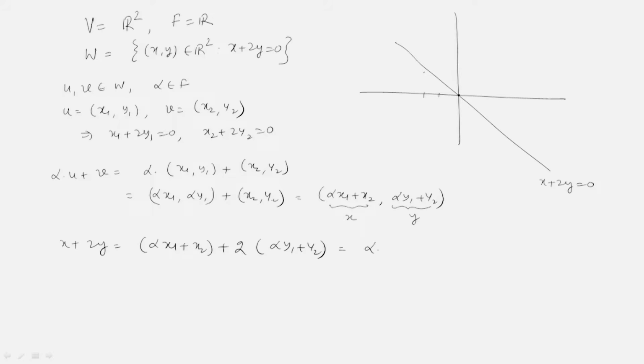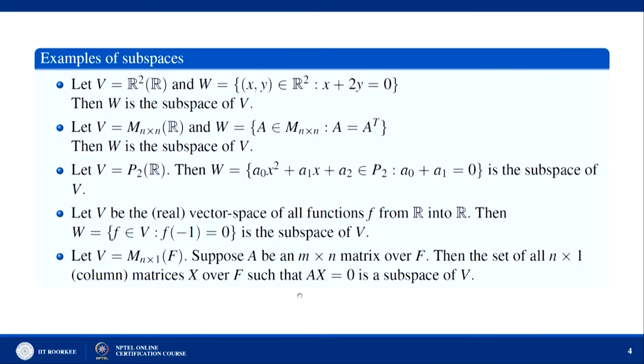It is equal to alpha times (x1 plus 2y1) plus (x2 plus 2y2), and x1 plus 2y1 is 0 from this equation and x2 plus 2y2 is 0 from this equation. So, it is alpha into 0 plus 0, which is 0, and this implies (x, y) belongs to W. So, W is a subspace of V.